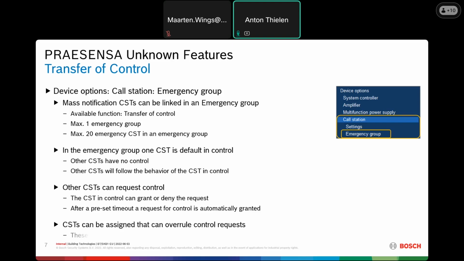Call stations can also be assigned that can overrule these control requests. These call stations always have immediate access, overruling the others. That's something which you maybe locate in the most high secure area. Consider it as a castle from medieval times: you have someone at the gate, who is normally in control.